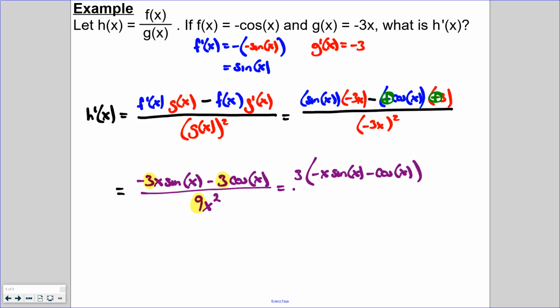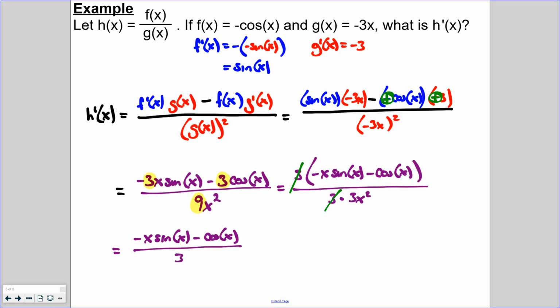And then I can rewrite 9x squared as being 3 times 3x squared. And then the 3 in the numerator and the factor of 3 in the denominator will cancel out, leaving us with our final derivative of negative x times sine of x minus cosine of x all over 3x squared.